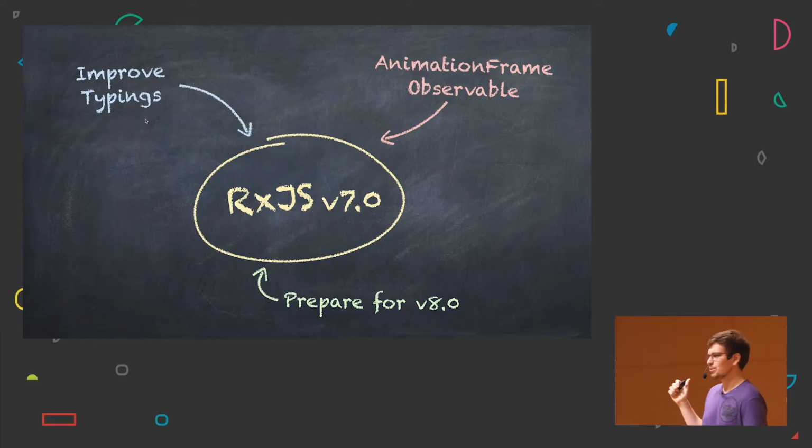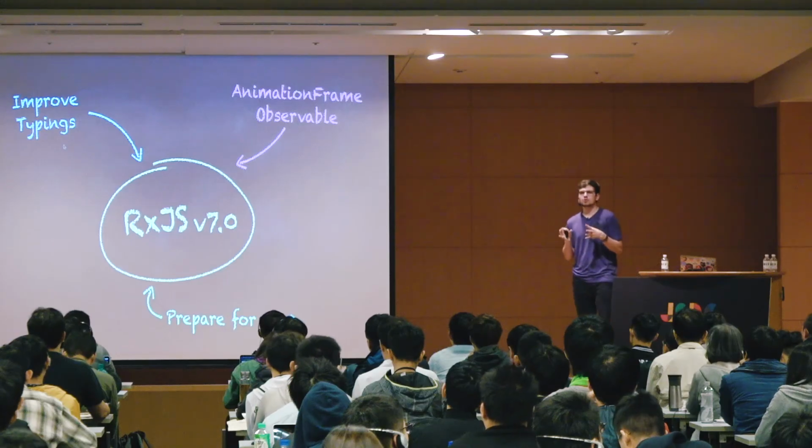This is really important for us to reduce breaking changes, and it's also good for us to know that we don't break anyone and that people hopefully like it. So we prepared two things which are good for you and one thing which is good for us. Let's start with the one which is good for us, because what we want to do with RxJS 7 is enable a good transition to RxJS 8.